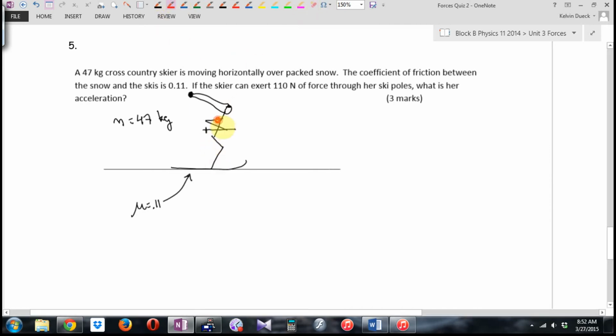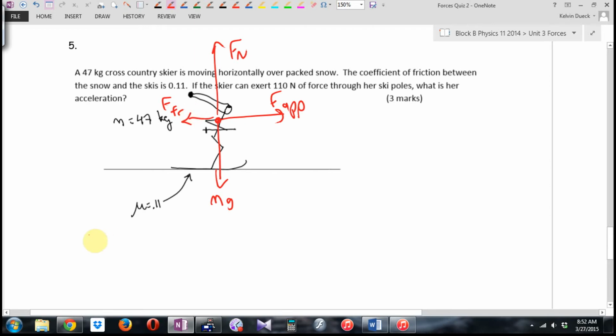What are the forces acting on this person? Gravity down. Normal force. Applied force. And is there... Oh, yeah, friction. Who's winning? I think the applied force, if I understand skiing correctly.